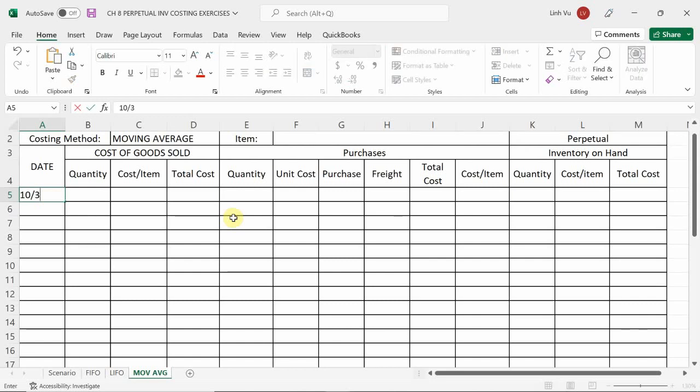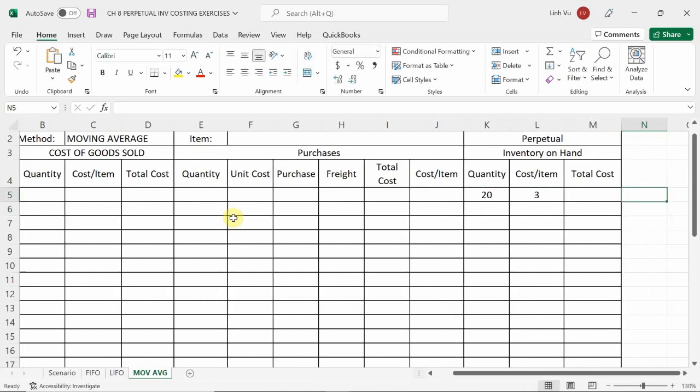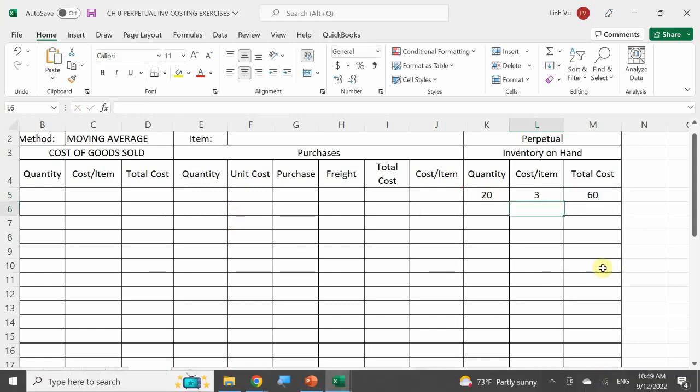On October 31st, you should have inventory on hand for the 20 units at $3 each, which gave you $60, so I need to calculate my average cost here, which was $3.